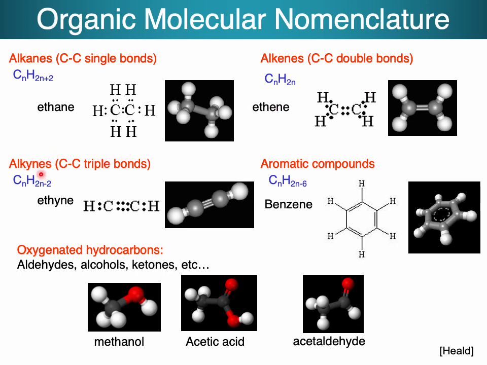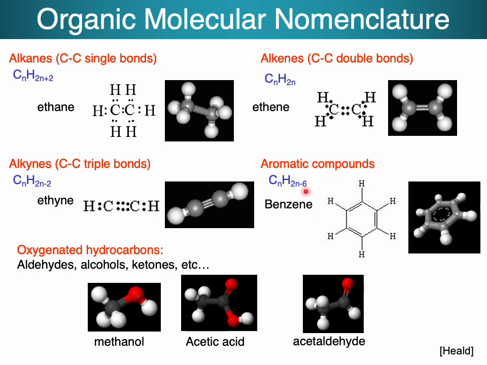And then a third class is called alkynes, which contain carbon-carbon triple bonds. So this carbon atom and this carbon atom have a triple bond between them, which is basically a sharing of 6 electrons, leaving only 1 more electron to share with hydrogen on this side and another electron shared with hydrogen on this side.